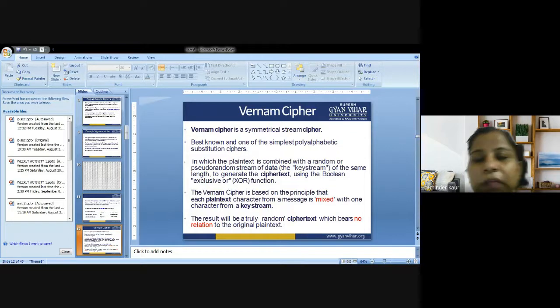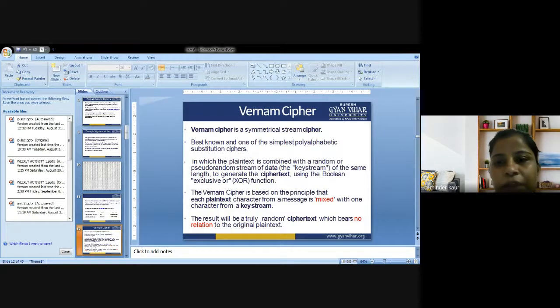So this is the theoretical description of Vernam cipher. It is a symmetrical stream cipher, best known and one of the simplest polyalphabetic substitution cipher examples, in which the plain text is combined with a random or pseudo-random stream of data, the key stream of the same length, to generate the ciphertext using the Boolean XOR function.